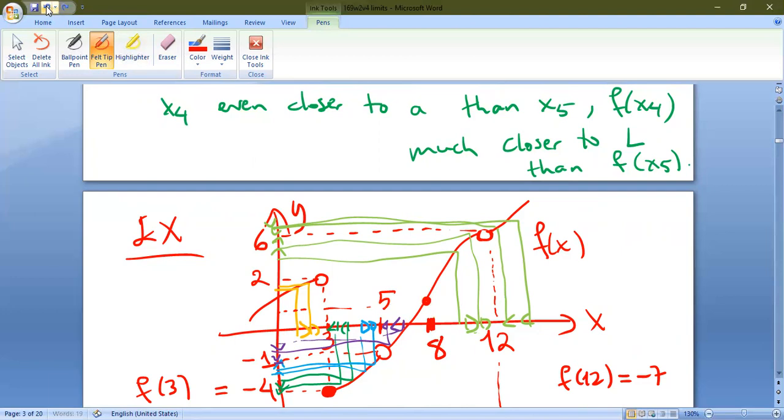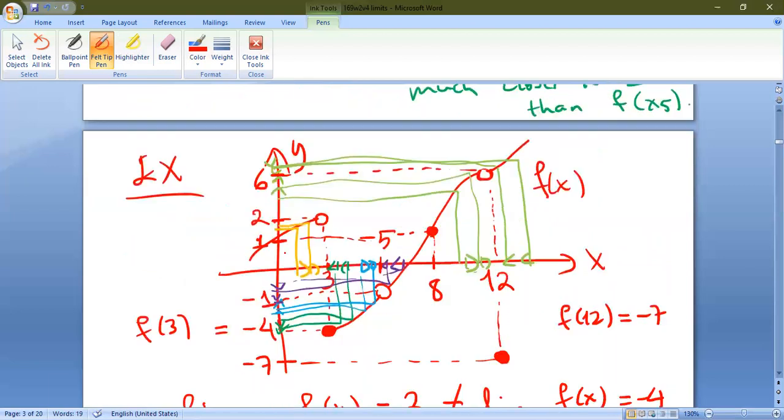Well, okay, so this is 8. Let's say the definition and the values approach the same number. And let's say that number is 1.